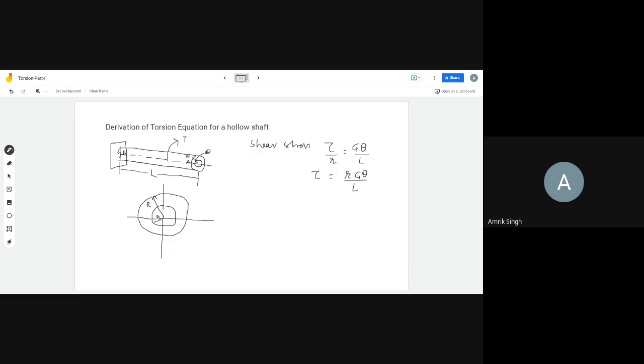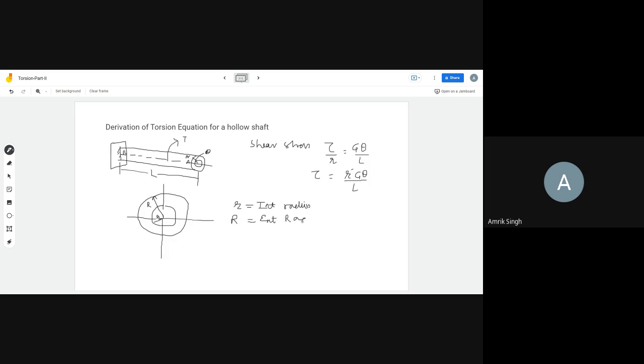So don't get confused with this r. Capital R is the maximum radius, and for the minimum it is r prime. Let small r be the internal radius, and capital R the external radius.